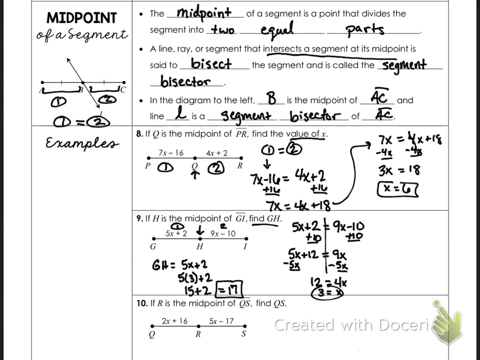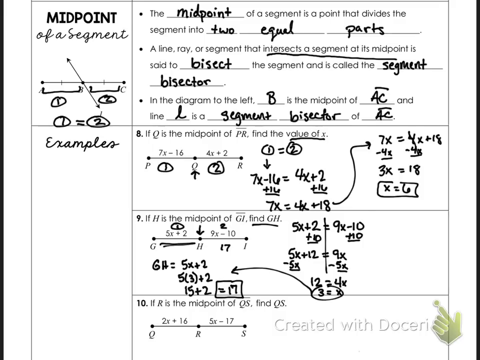We just plug the 3 back in for x, and you get the length of GH. What's really cool is, since I know that GH is 17, then HI has got to be 17, because they are equal to one another.